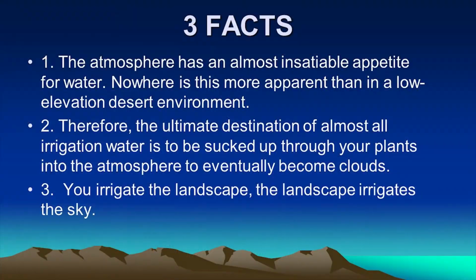So you think you're watering your plants, and you are, but the water passes through the plants and goes up into the atmosphere to become clouds. You irrigate the landscape, and the landscape turns around and irrigates the sky. So there's where your irrigation water goes, right up there in the clouds.